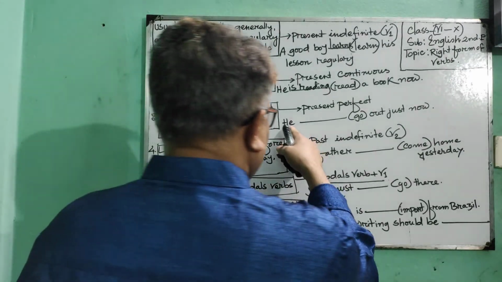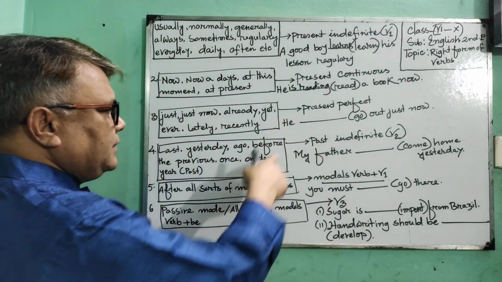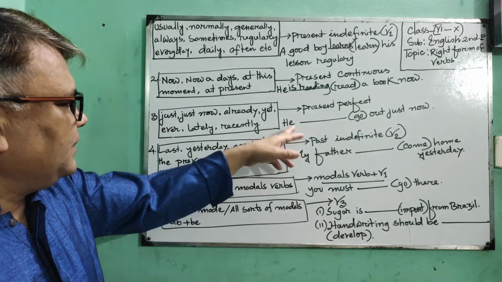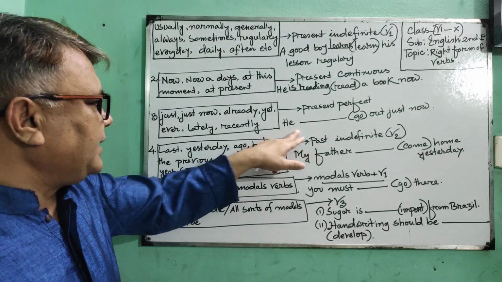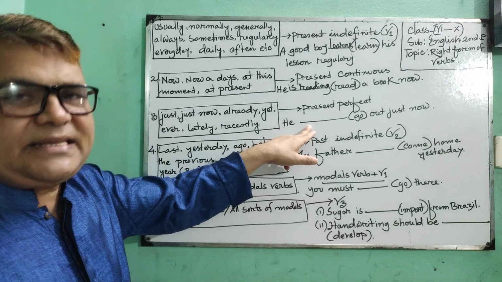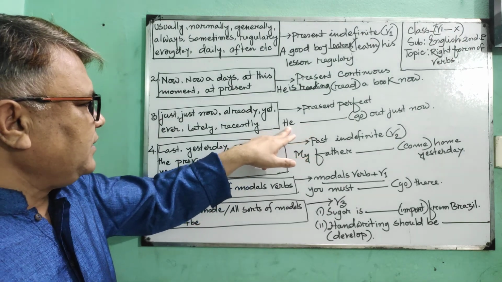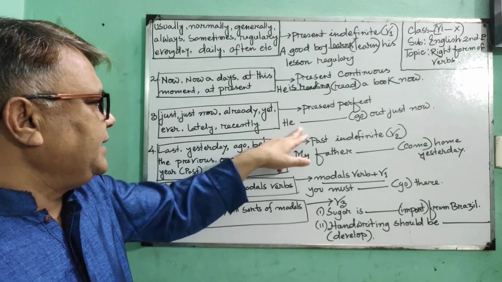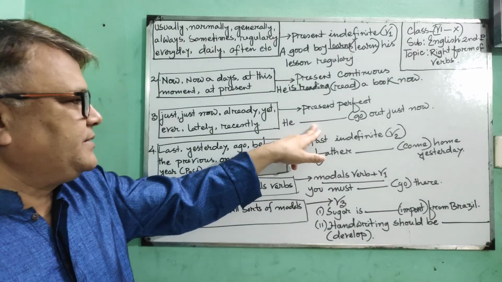Dear learners, now as it is third person singular number, you have to use has, because if you find third person singular number, you have to add has.